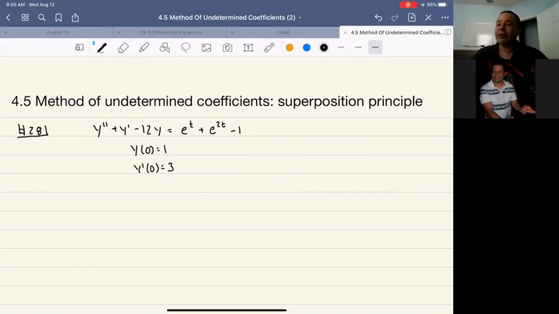So first thing we're going to do, as usual, we're going to solve the homogeneous part. Okay, y double prime plus y prime minus 12y equals 0. Simple enough. We know how to deal with this. We make the assumption y equals e to the rt.